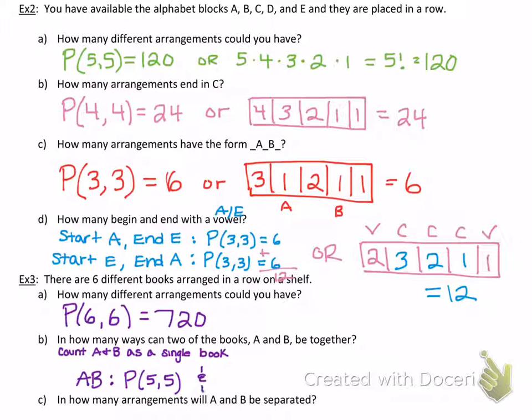And just like the other example we did, you could also have B and A put together. It did not specify what order they were in, which is also 5 choosing 5. So what we're going to do is get rid of that and sign, and we're going to add them together. And they each give you 120, so your answer is 240.